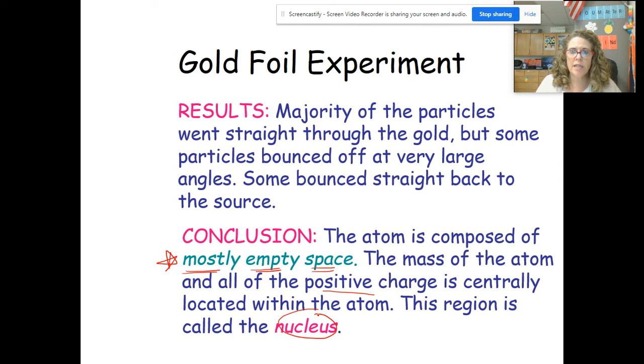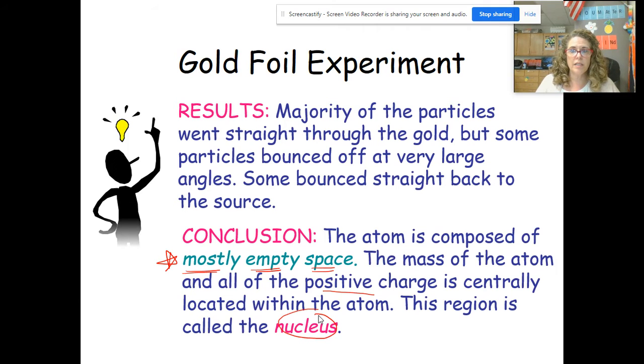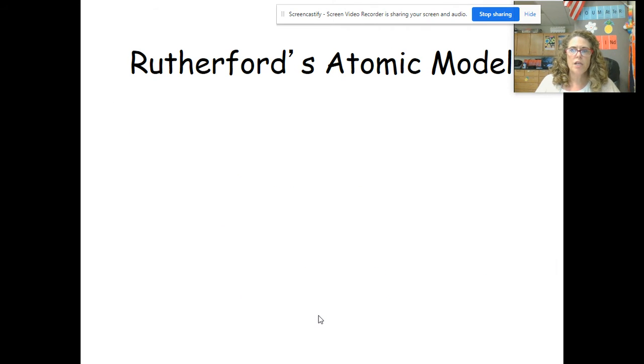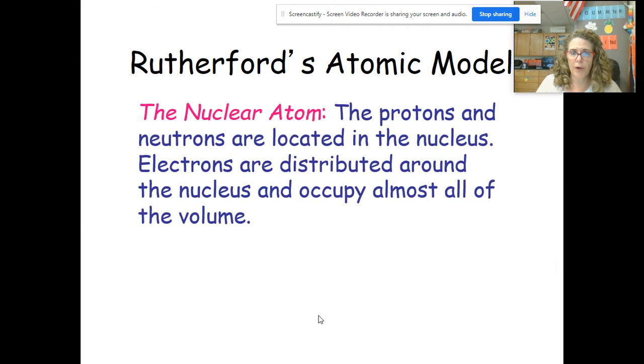So since some of those alpha particles got deflected or ricocheted backwards to the source, that indicates that they were repelled by something positively charged, because like charges repel. Alpha charges are positive, the nucleus is positive. So this leads to Rutherford's atomic model, where we call this our first nuclear atom. This is our first atom that has the nucleus in the center.